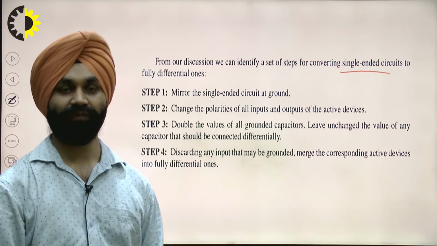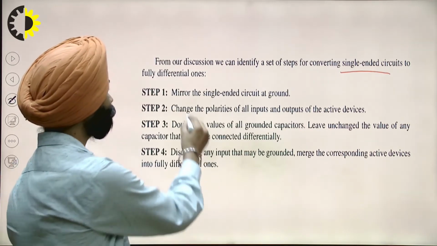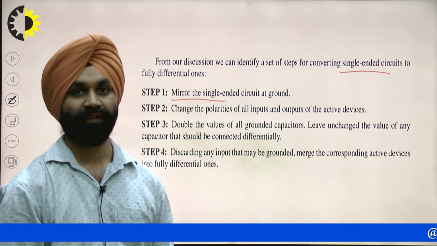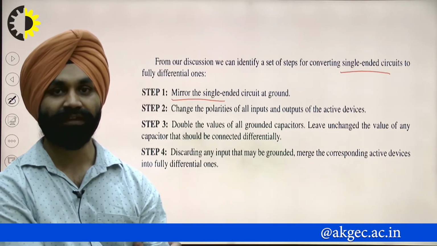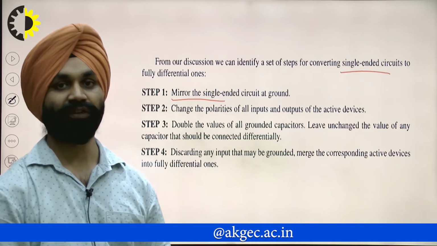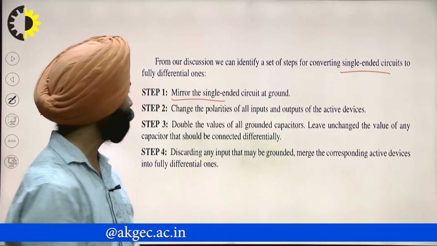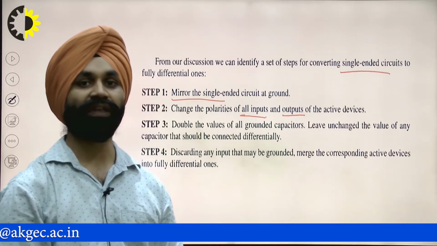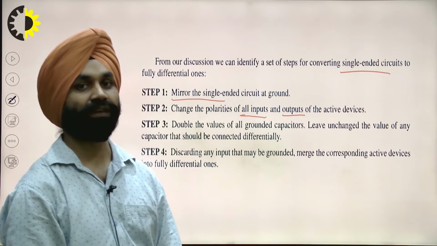First of all, we have to design a single-ended circuit. Then we take its mirror image with reference to the ground, and we change the polarities of the mirror image. We change the polarity of all the inputs as well as the outputs of the active devices; here the active devices are transconductances.